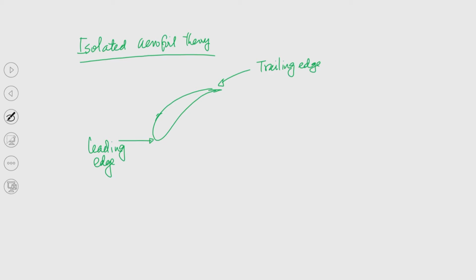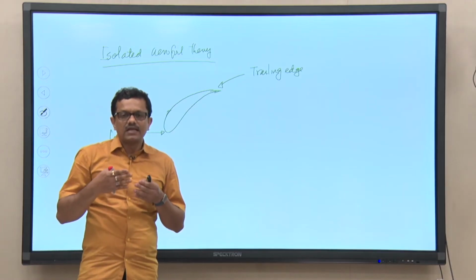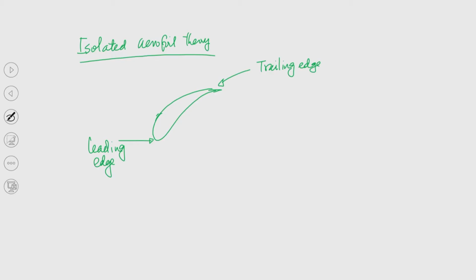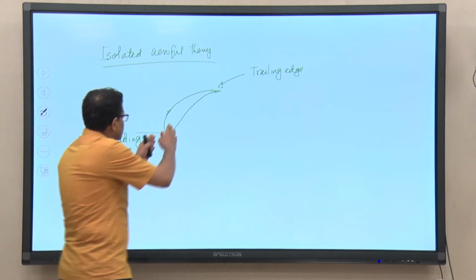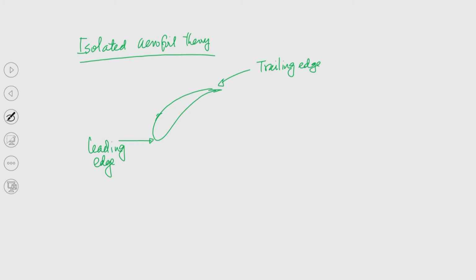Now, when flow approaches this airfoil, this isolated airfoil, right, basically a single airfoil, a single blade of airfoil profile is called an isolated airfoil. So, you can see a single blade having the shape of an airfoil, and this is called an isolated airfoil, right. So, I am writing here for the understanding.